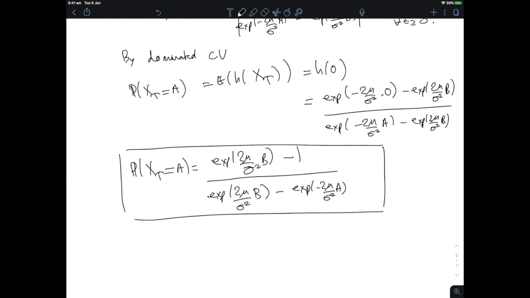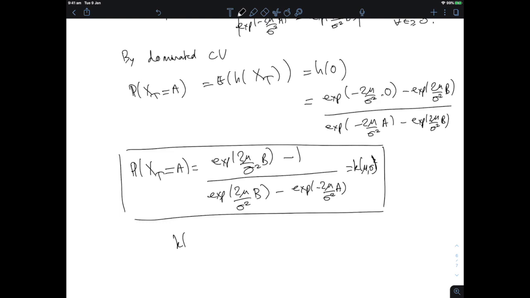Now, it's nice to run some reality checks on this formula. So let's call this quantity, I've got an f, a g, an h, let's call it k of mu and sigma.